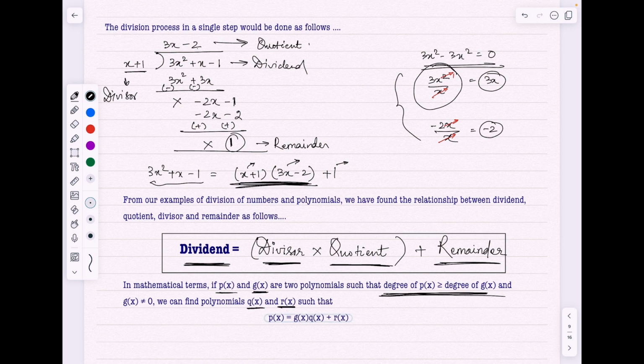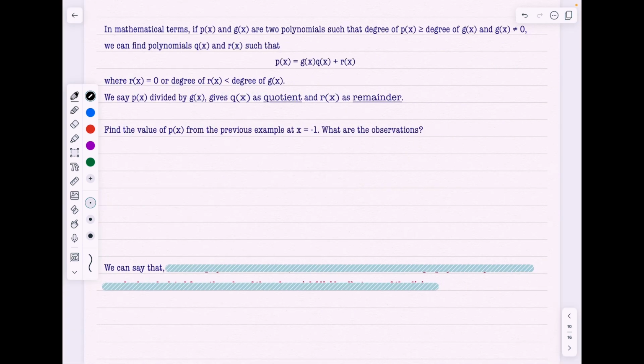In this formula, p(x) is the dividend polynomial, g(x) is the divisor polynomial, q(x) is the quotient polynomial and r(x) is the remainder polynomial.